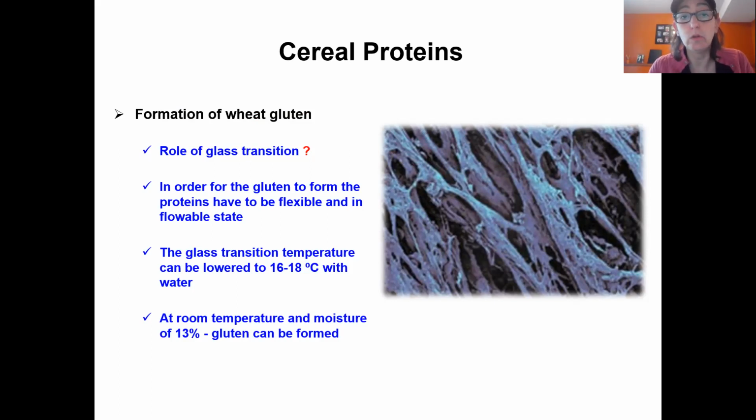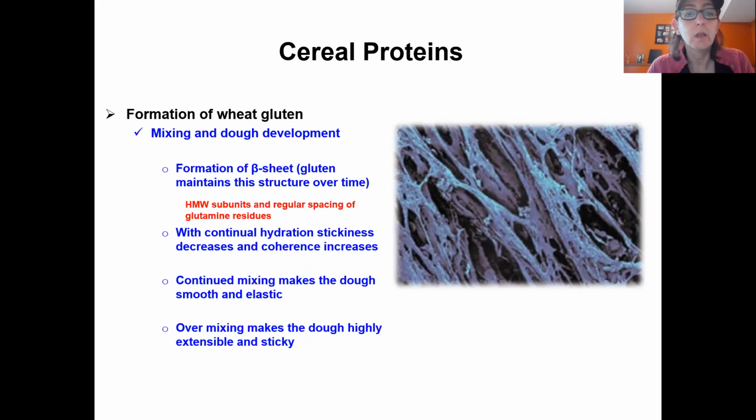So that is important in the formation of gluten. We have to be above the glass transition temperature. Like I said, formation of beta sheet is really important for maintaining the gluten structure and stability, by forming hydrogen bonding among the high molecular weight subunits, due to the presence of the glutamine residue.